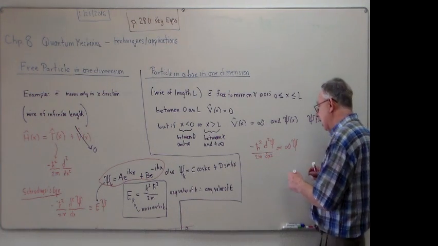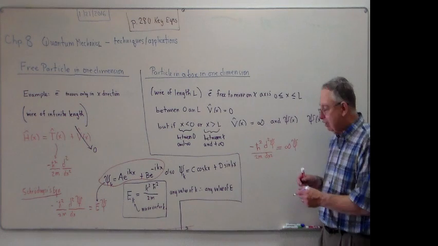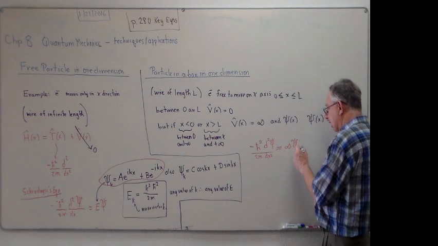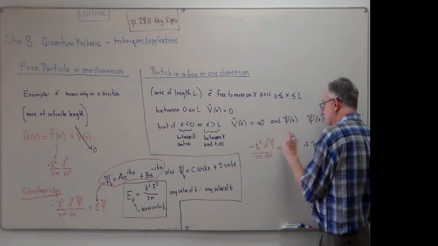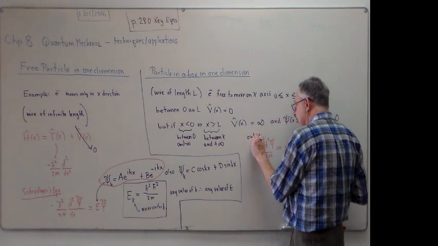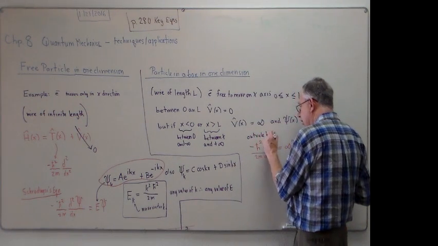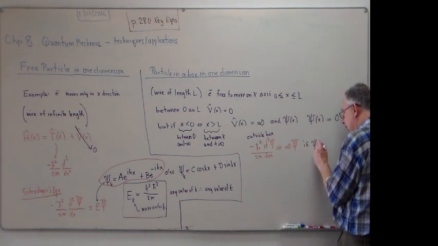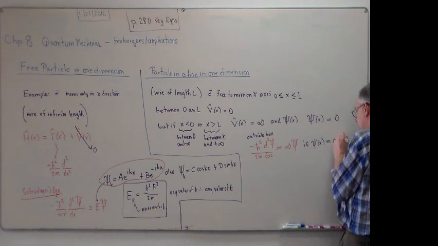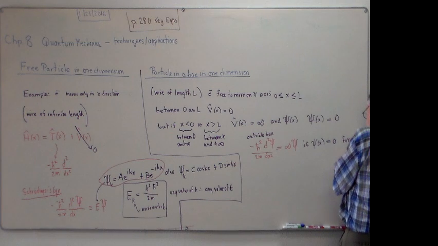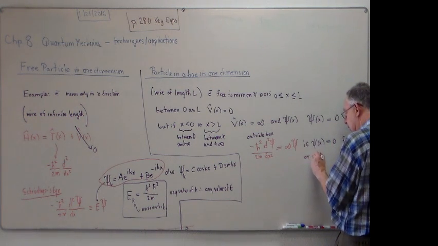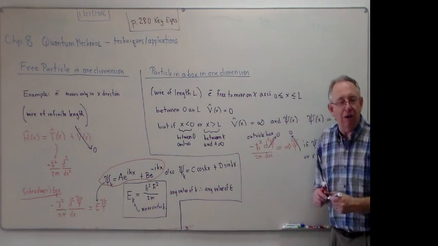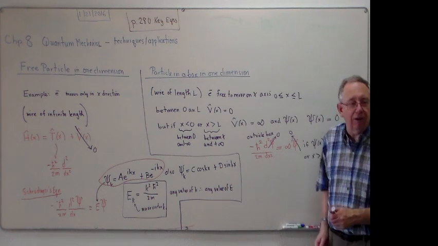The elegant way to solve this equation is to say Schrodinger's equation is solved if, so this is outside the box, psi of x equals 0 for x less than 0 or x greater than L. Because if this is 0, the equation is solved. 0 equals 0.